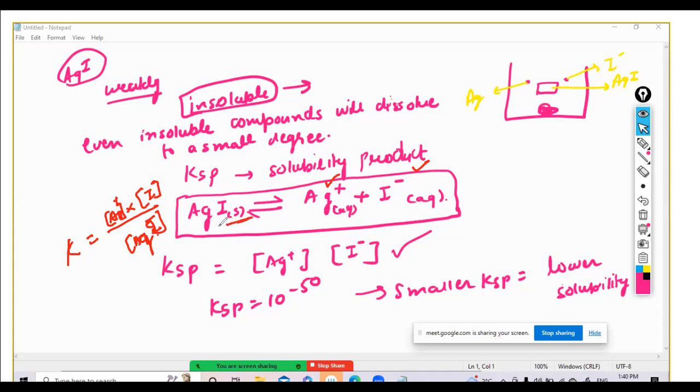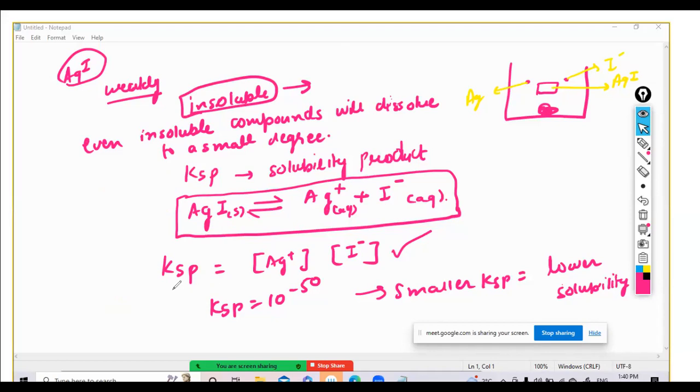However, this is in solid form, and in equilibrium constant expressions, we don't include solids or liquids. So you can omit this, and you will be left with only the product concentrations. Since this equilibrium constant is associated with solubility, we call it KSP, or the solubility product.